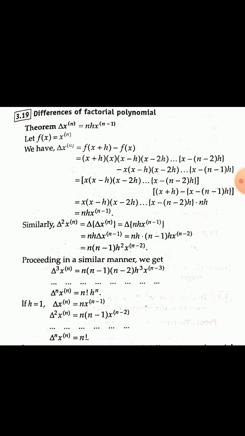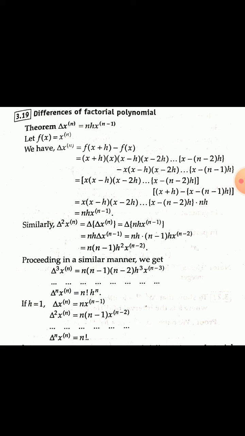Similarly, delta square x^(n) is delta of delta x^(n). By substituting the value of delta x^(n), we have nh x^(n-1), and again substituting the value of delta x^(n-1), we will get nh (n minus 1)h x^(n-2).